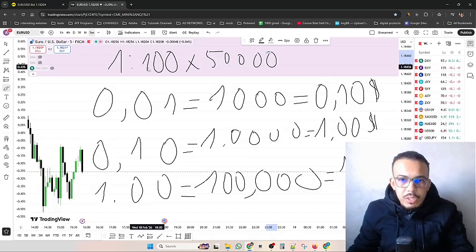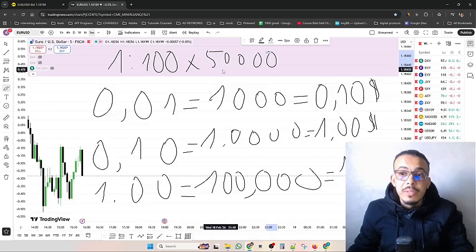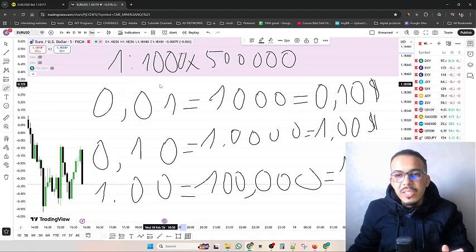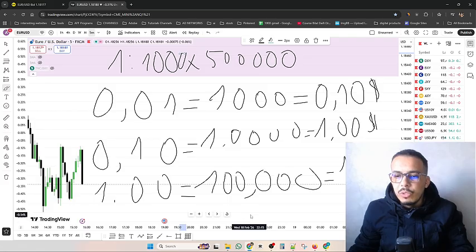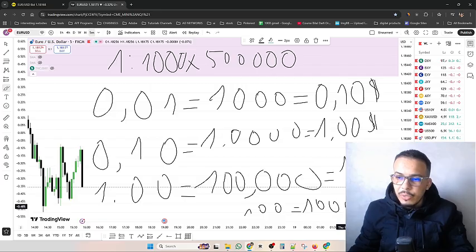If you have here 1 to 1,000, there are brokers that have 1 to 1,000 or even 1 to 2,000. For example, with 1 to 1,000 here you will be able to trade with $500,000. Okay, so basically with a leverage of 1 to 100, for example, you can trade with $10,000. Sounds amazing, right?